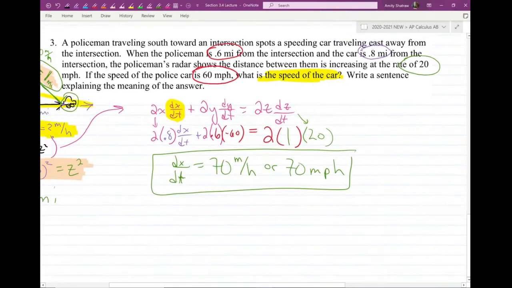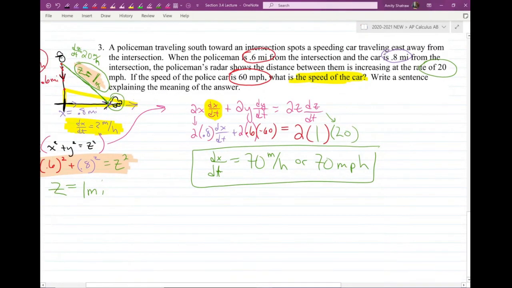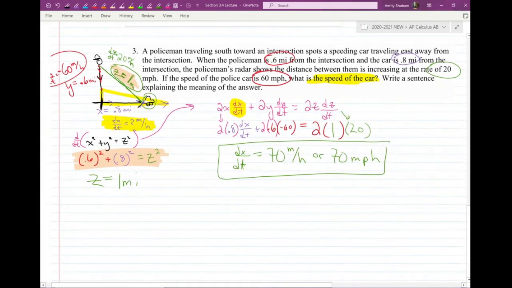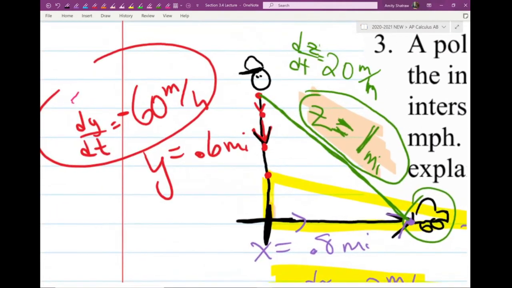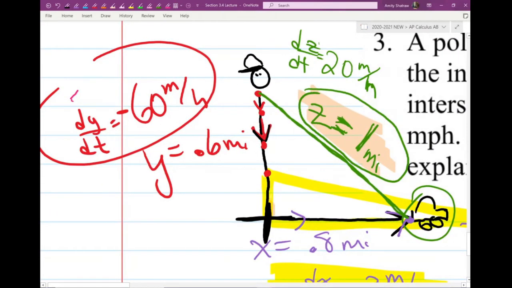Okay, now here's the part where you run into some difficulty. Identifying the unknowns is a point for you. And right here at this moment where I did that negative 60, if you do it incorrectly, you might accidentally get a positive 60, which is totally understandable, right? Because in the question, it just says 60.